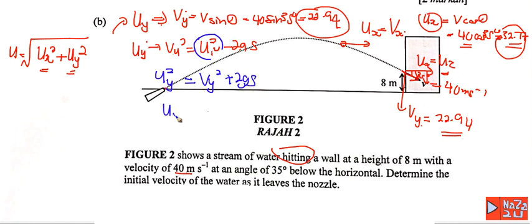So uy is equal to the square root of vy squared plus 2gs.